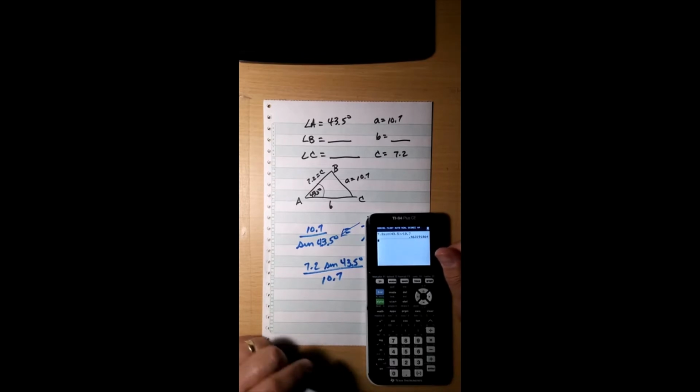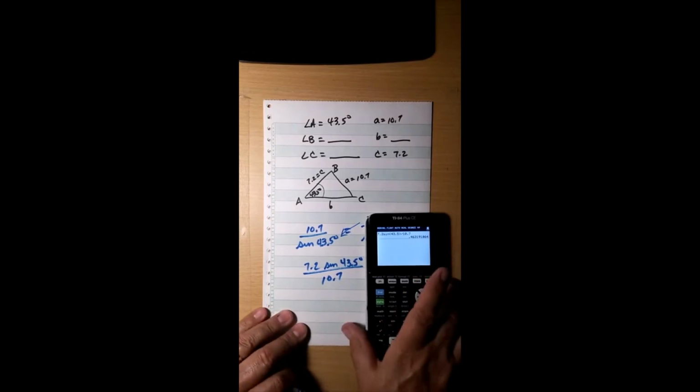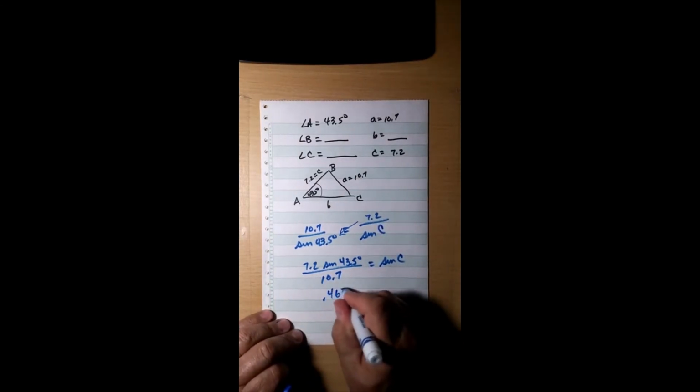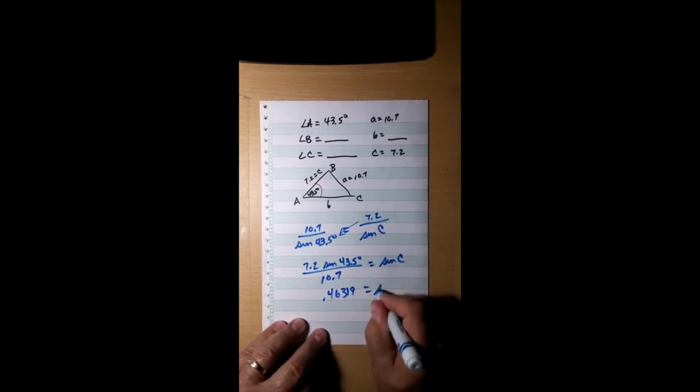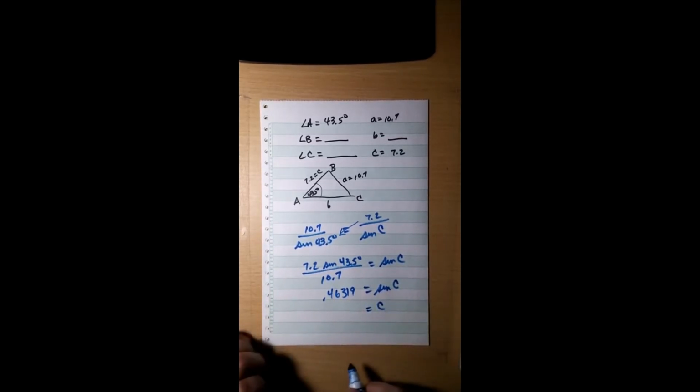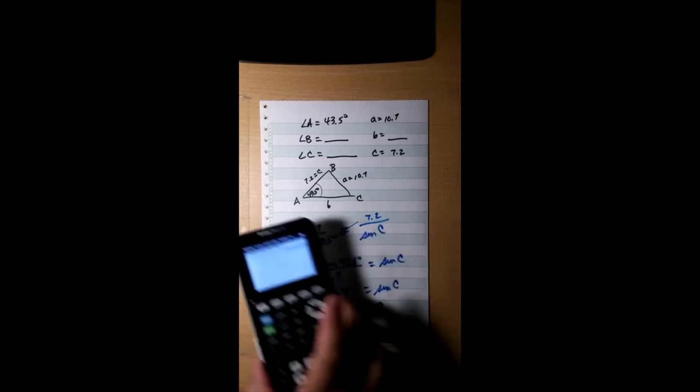Last time I got 2.29 or something like that, 299. That's too big. This one at least is not too big. So 0.46319. That's what the sine of C is. I don't want the sine of C. I want the angle C. So I want to find the inverse sine.